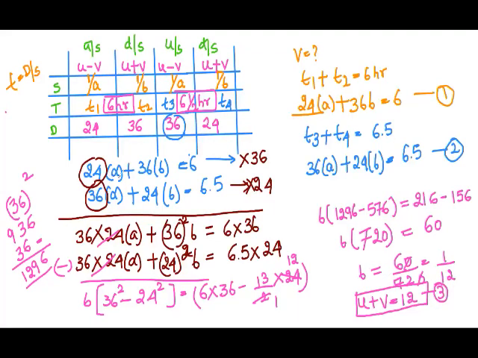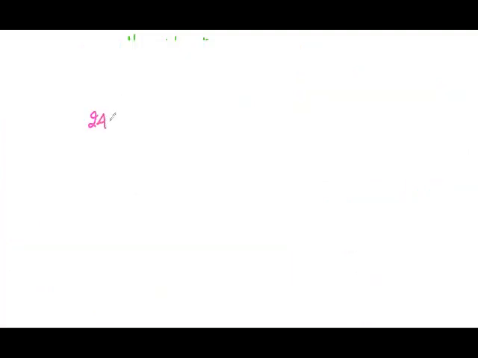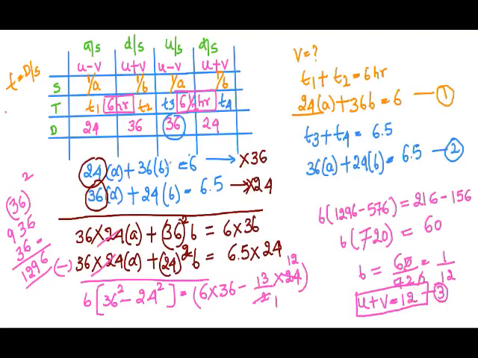When you have got B, you can directly substitute in equation 1. Equation 1 is 24 times A plus 36 times B equal to 6.